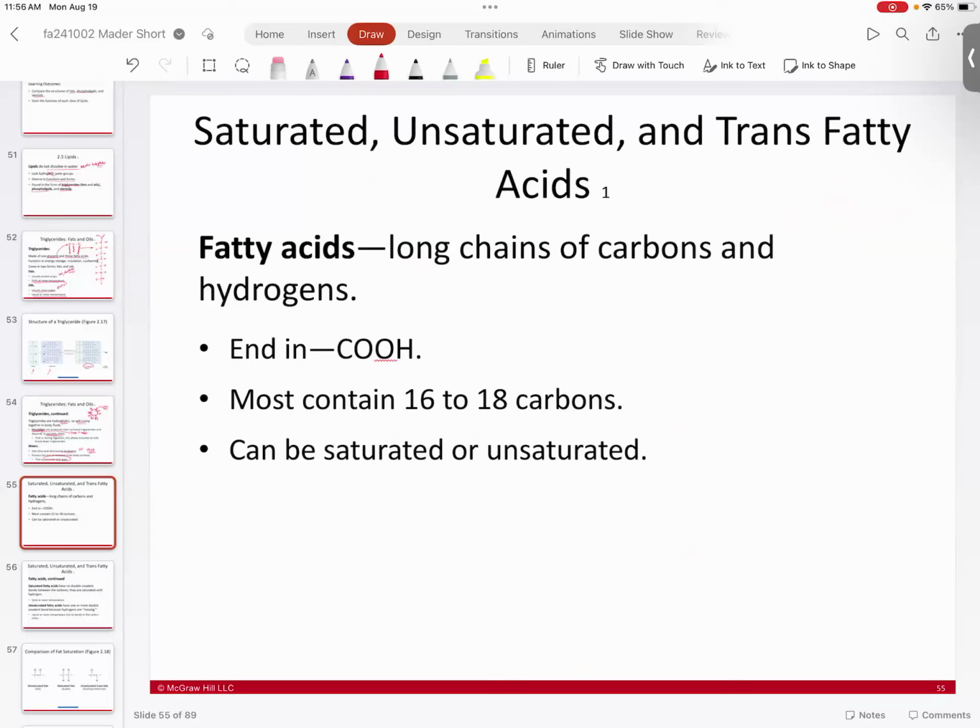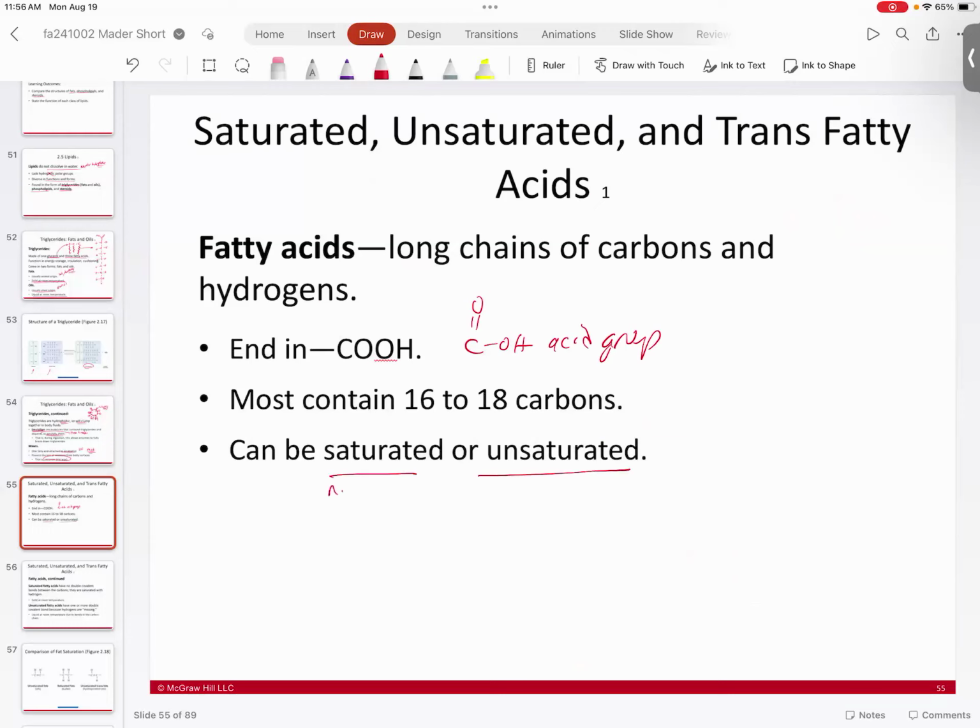The fatty acids, like I mentioned before, are long chains of carbons with a COOH. That's the acid group. And a fatty acid can be either saturated or unsaturated.